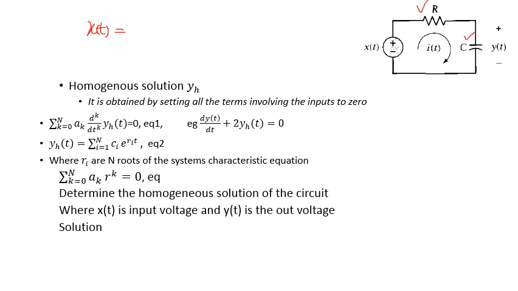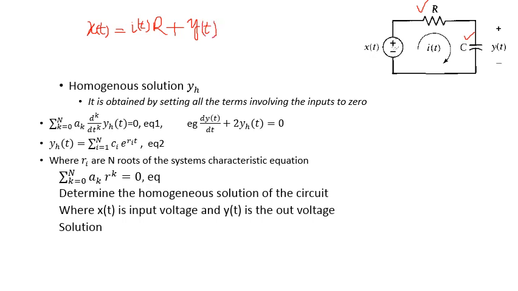The voltage drop across the resistor is given as current times the resistance, and the voltage drop across the capacitor is y of t.